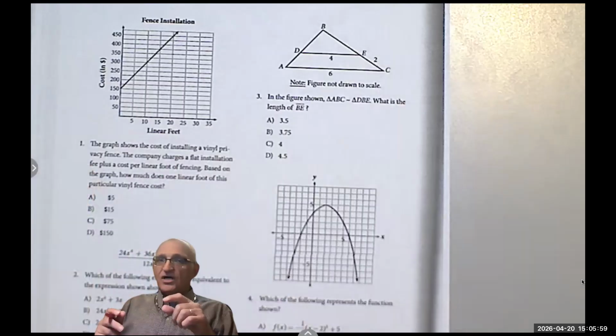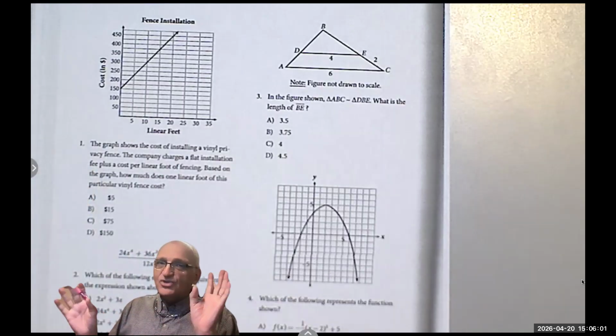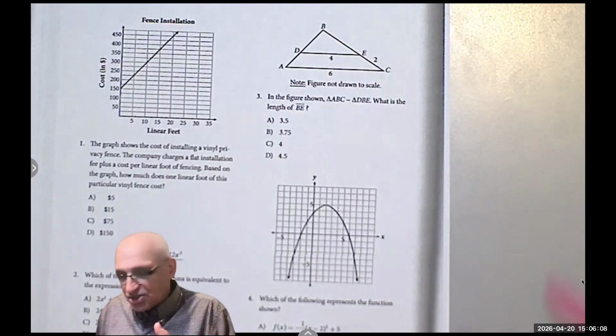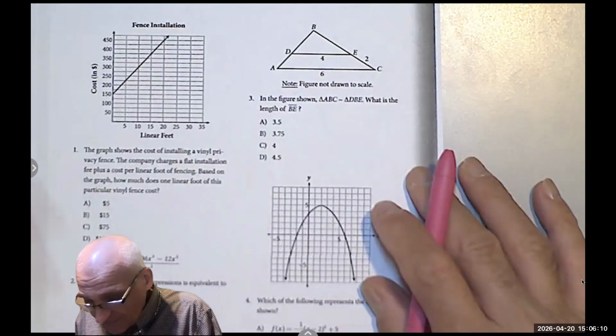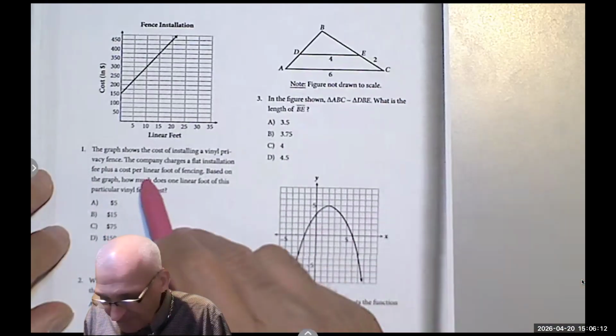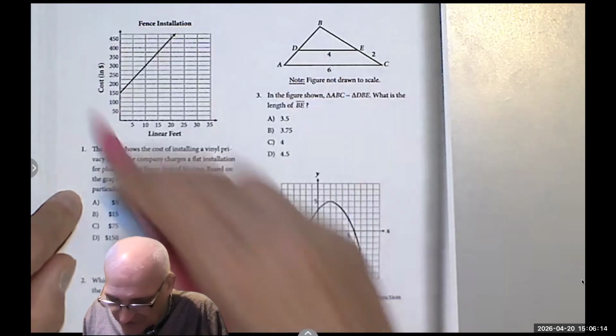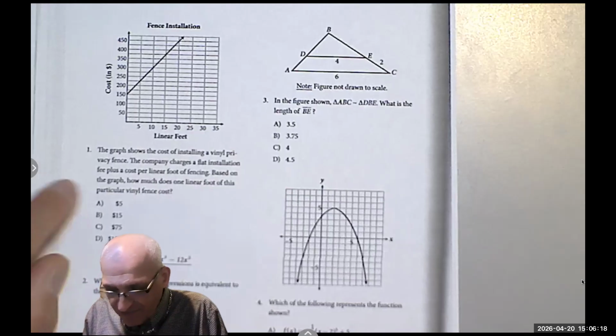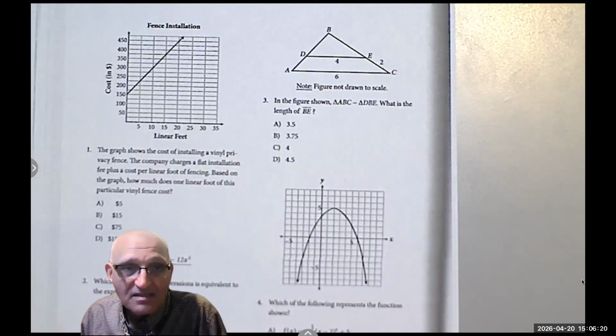So whether you are going to hire them or tell them, no, I'm sorry, I changed my mind, they will get the flat fee. And then for every linear foot of fencing, they charge you a cost. So based on this graph, how much does one linear foot of this particular vinyl fence cost?